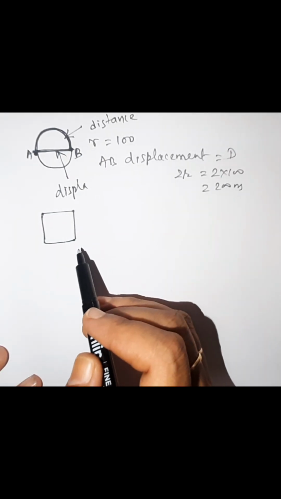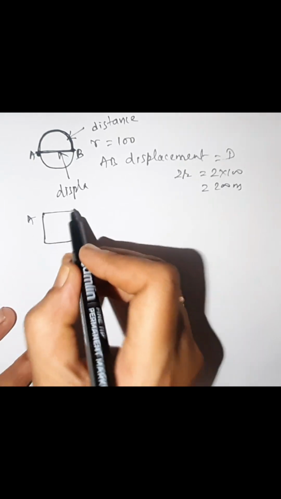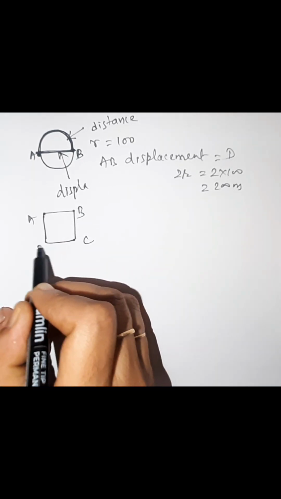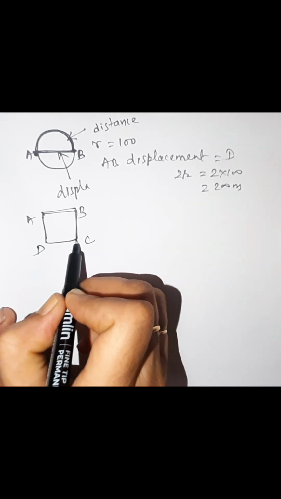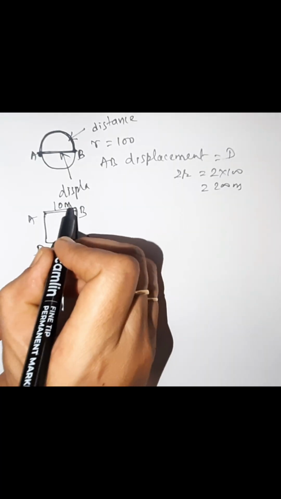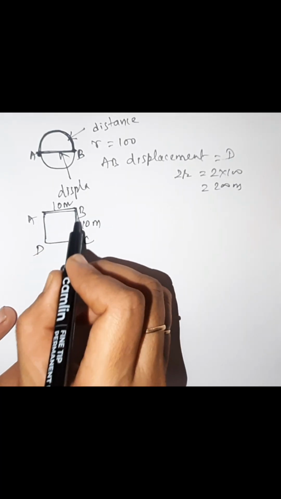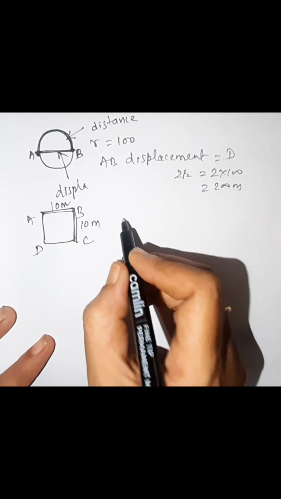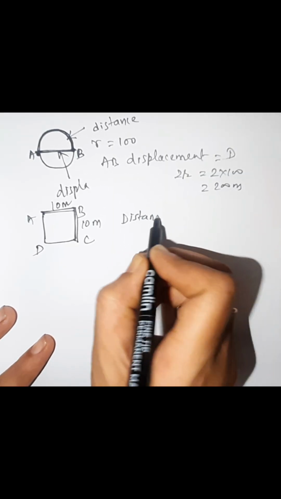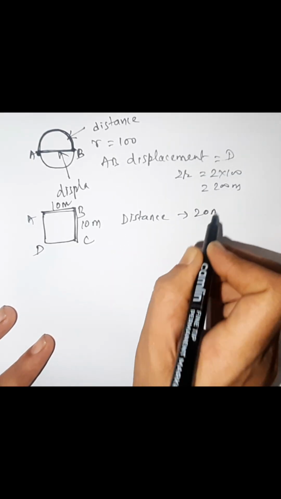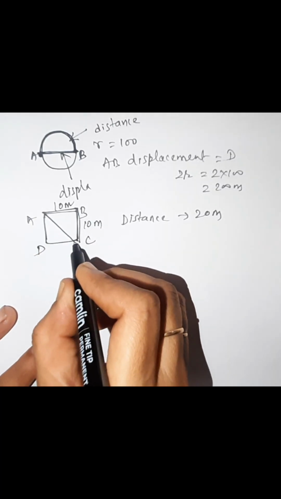Now suppose a square is there and a person starts from A and reaches C, if the sides are 10 meter, in this case 10 plus 10, distance will be the longest one. So distance is 20, whereas the displacement is the shortest one.